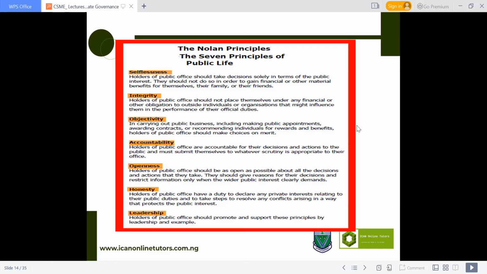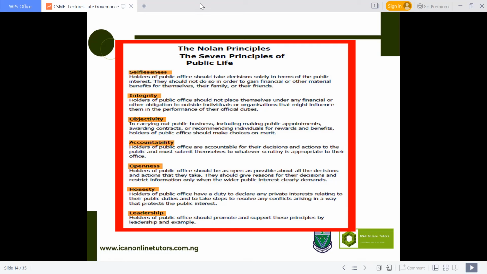This particular principle originated from the UK. The UK government established a committee, and the head of the committee was Nolan. This committee was established in the UK in 1995, that's like 26 years now, was it 26 or 27 now?